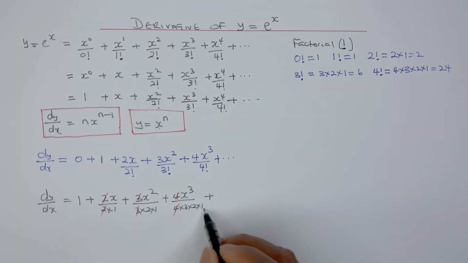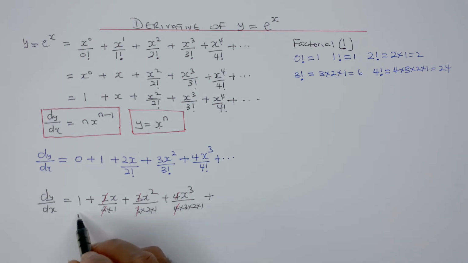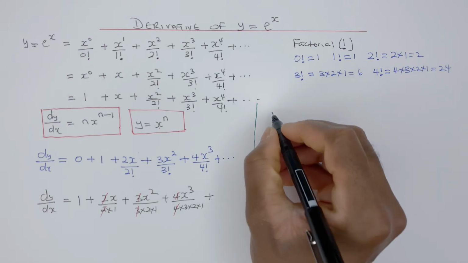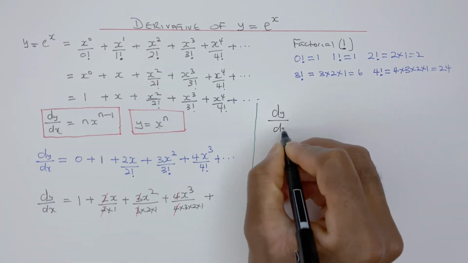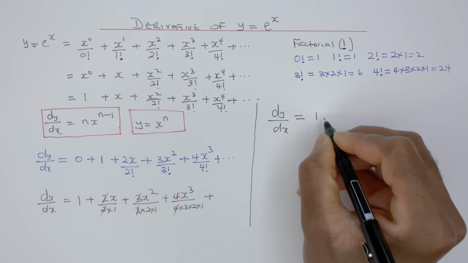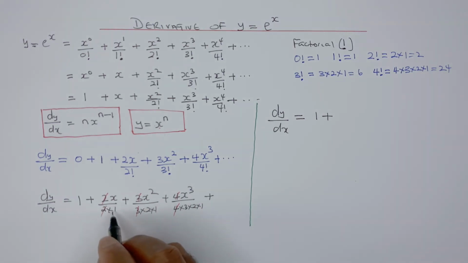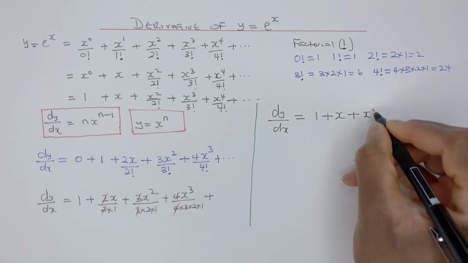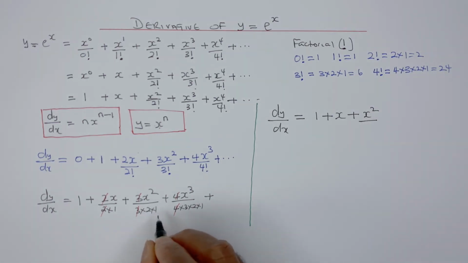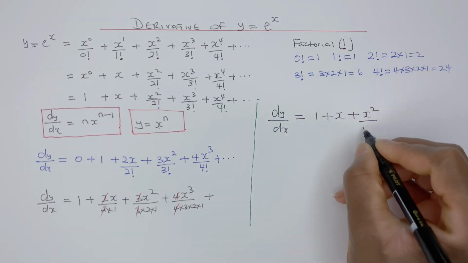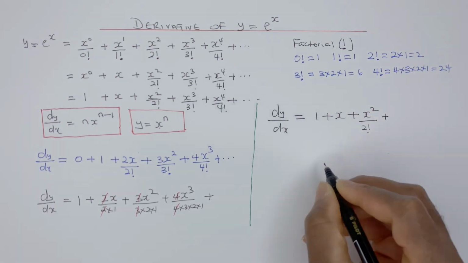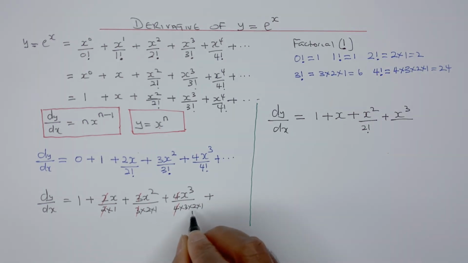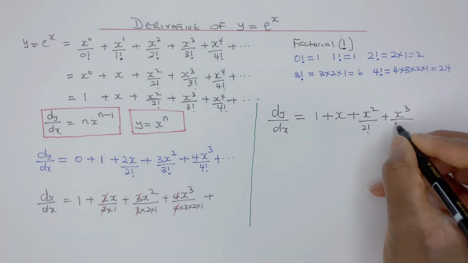So I just got 3 factorial, 2 factorial, 1 factorial. Just bring this down. The dy/dx will be equal to 1 plus just x plus x squared over 2 times 1, which is 2 factorial, plus x cubed over 3 times 2 times 1, which is 3 factorial.